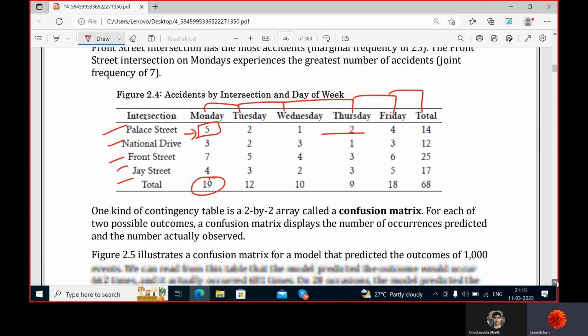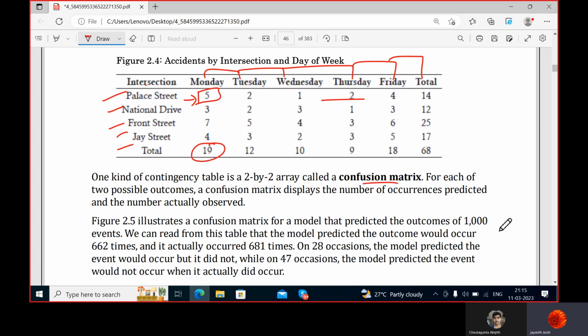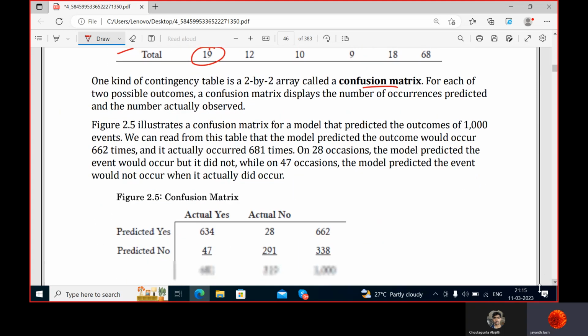Now we'll take the confusion matrix, a 2 by 2 matrix. The name itself is very clearly showing you that it's really something which is going to confuse you. So how do we take this? A confusion matrix for a model that predicted the outcomes of 1000 events. There is an illustration here, figure 2.5, confusion matrix, for a model that predicted the outcomes of 1000 events.